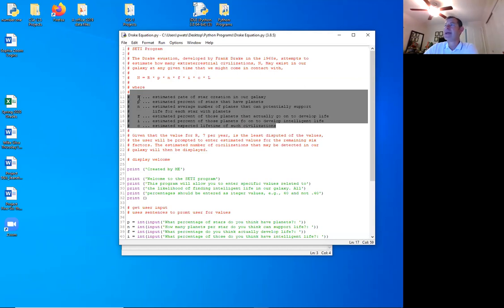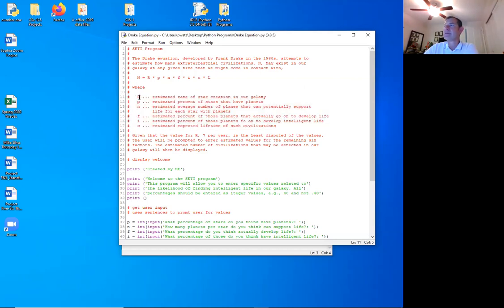But if I would have named this here, it's a little bit difficult because these are all very long. So I guess I could have named P percent stars with planets.